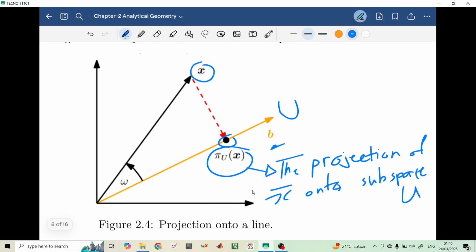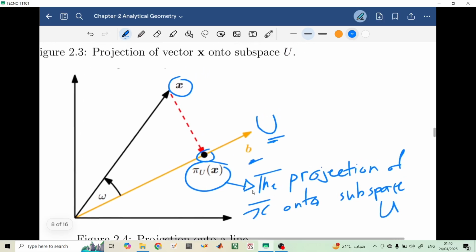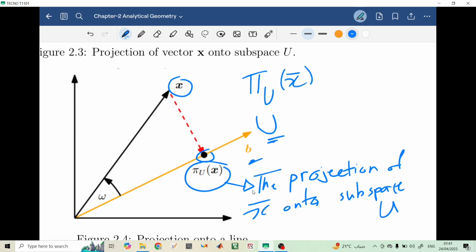Since this is another vector that lives on u, it must be represented by b. So we can say that this new vector, the projection of x onto u, is a representation by b, by multiplying by some constant.